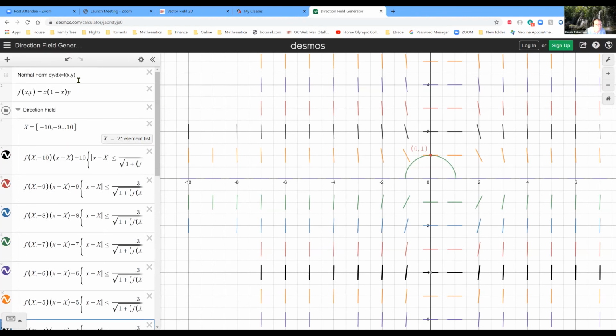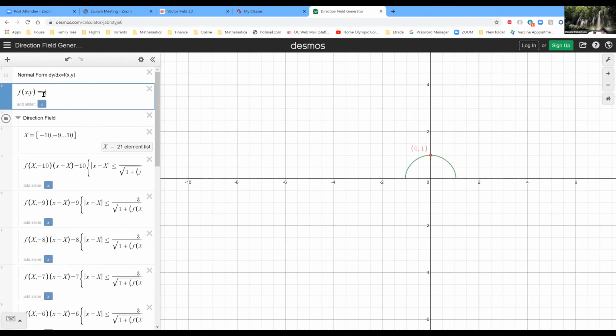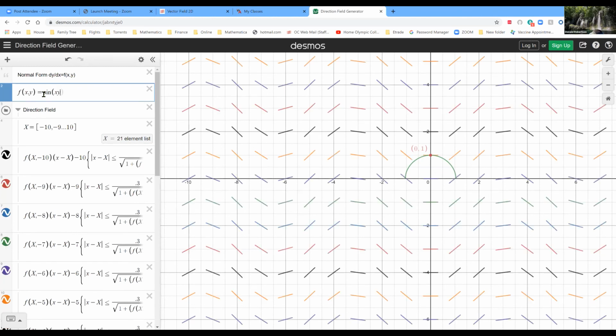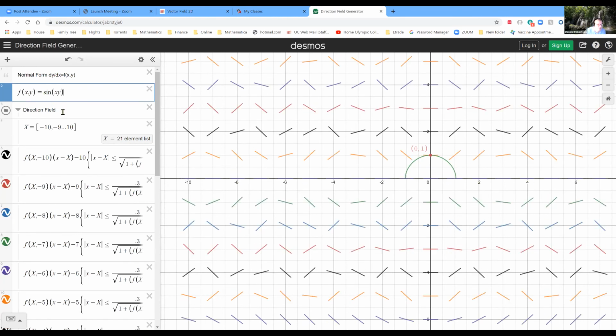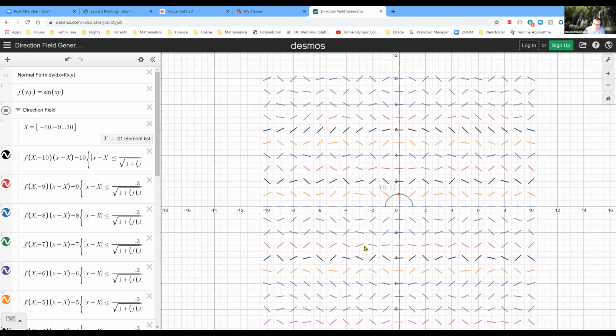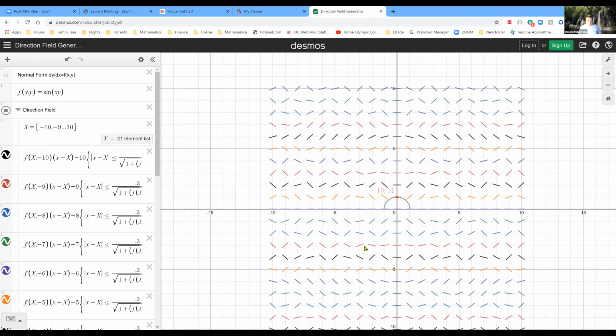I could do one last little thing. I think it'll take sine. I hope it does. Is it taking sine xy? Oh, there we go. Right, there's the direction field for the sine of xy.